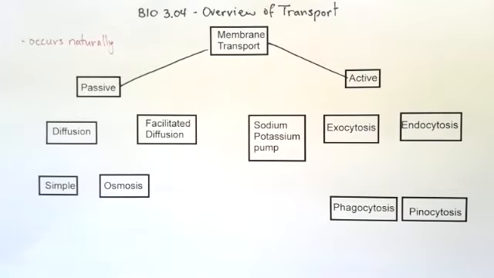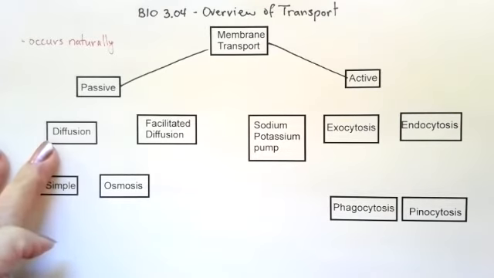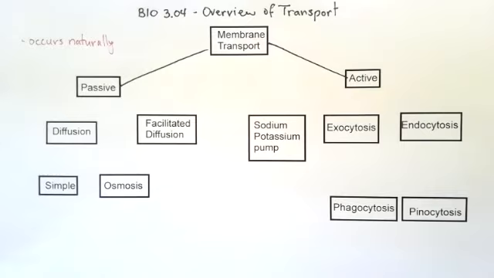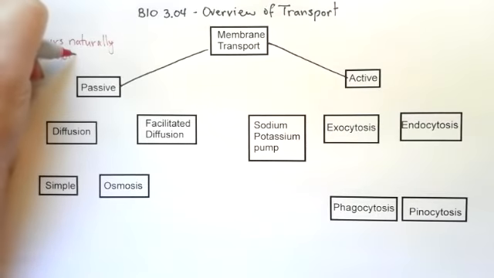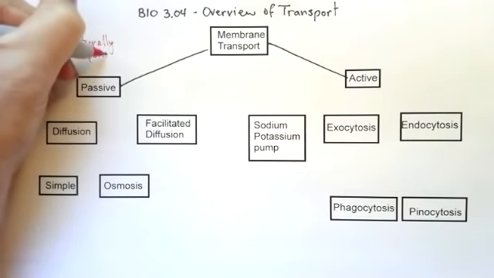So for example, we talked in the last lesson about diffusion and how if we have an area of high concentration, things always try to go from high to low. So it occurs naturally because nature's trying to balance things out. It does not require energy input.